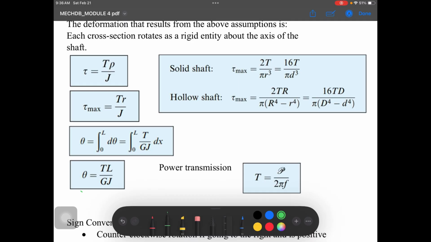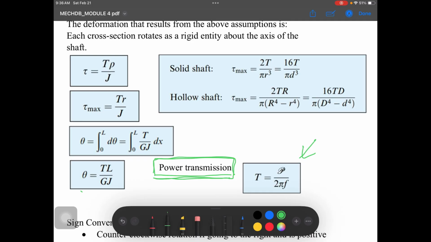And then, next is power transmission. Sabi nga natin, torsional members are usually sa mga machines, rotating machines, they transmit power. So, kung ang problem nyo is about power transmission, we have this formula to get yung power transmitted ng torsional moment natin.